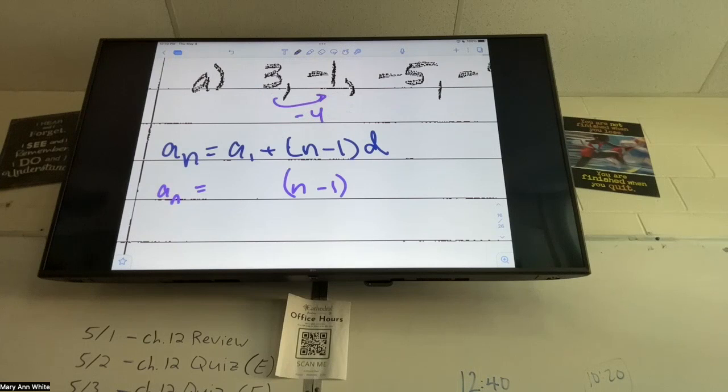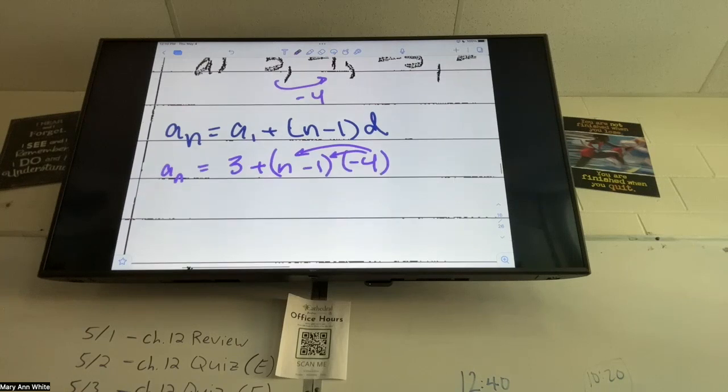What's my a sub 1? 3. What's my d? -4. Cool. We want to try and simplify this as much as possible, so we're going to distribute that -4 into everything. a sub n equals 3, oh, minus 4n plus 4.